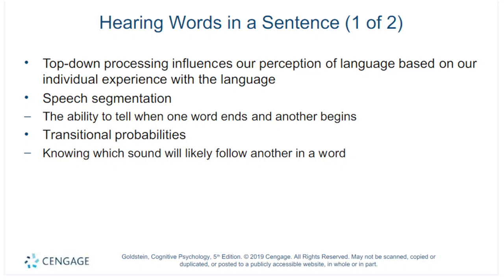Aside from that, when we hear words in a sentence, we also use top-down processing in order to understand the language based on the individual experience with the language. So, like for example, yung sinasabi ko nga sa inyo kanina, when I did the dichotic listening experiment, I was really torn in answering if I heard ka on my left ear or ga on my right ear, or vice versa.